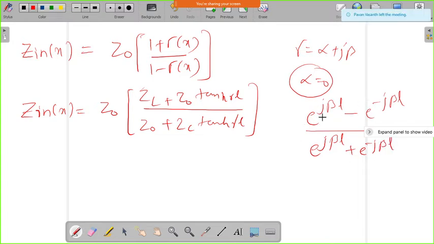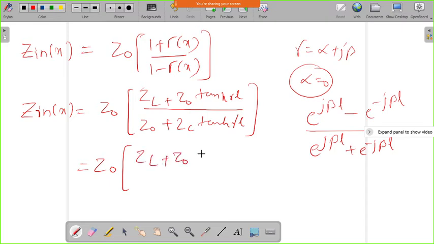So now, since the j term is involved, instead of tanh we can write it as j tan beta l, so Z in is equal to Z naught into (ZL plus j Z naught tan beta l) divided by (Z naught plus j ZL tan beta l). That j term will be there because we are going to divide by 2j, to get sin beta l and cos beta l.